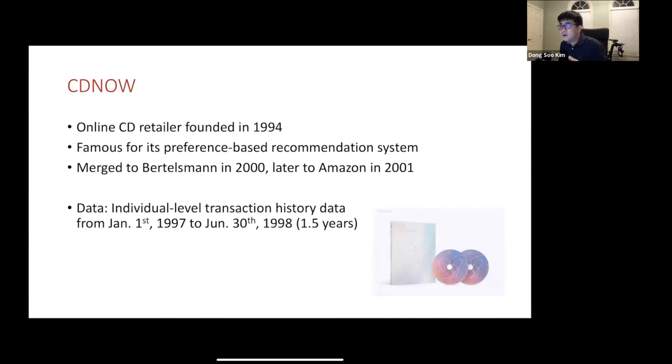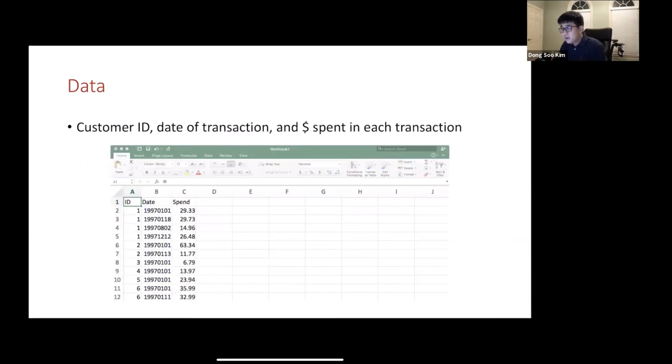The data are individual level transaction history data from January 1st, 1997 to June 30th, 1998. And let's take a look at the data first. Each record contains the information of a transaction, including who made the transaction, when the transaction was made, and how much was spent in the transaction.